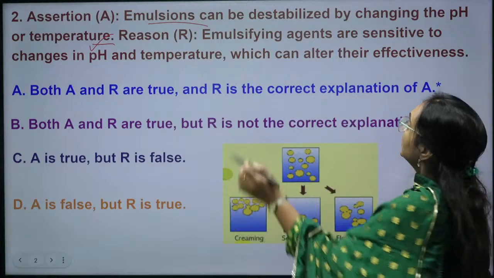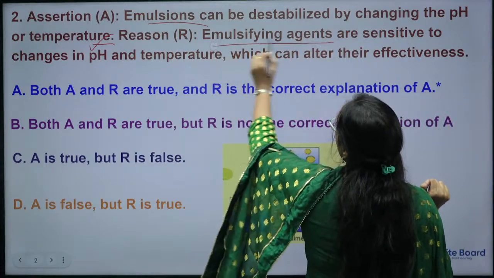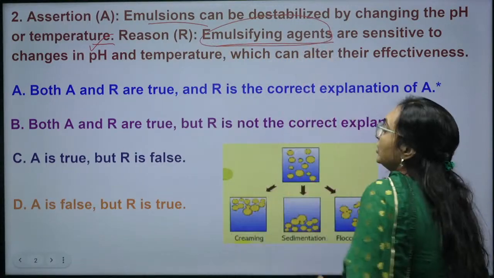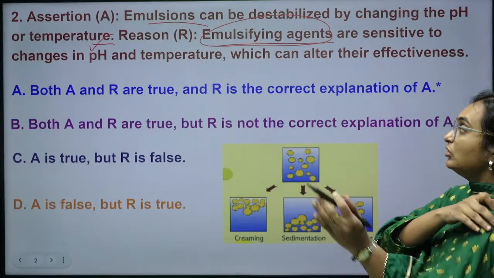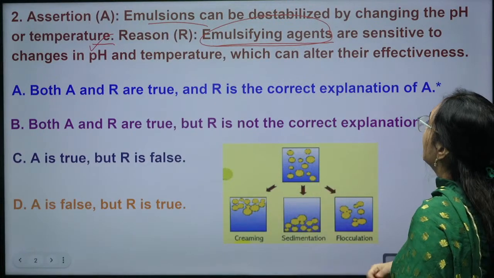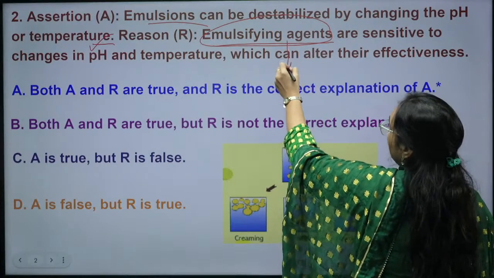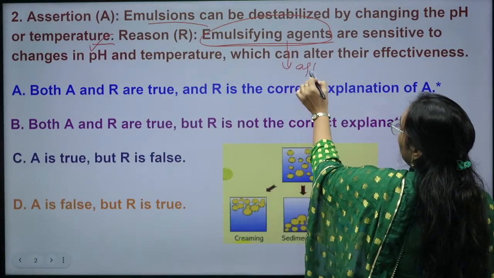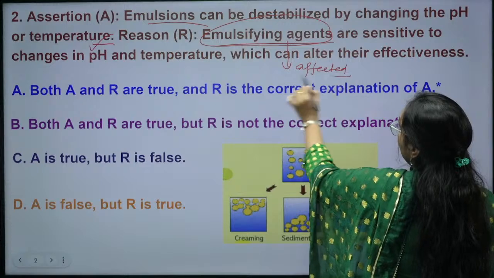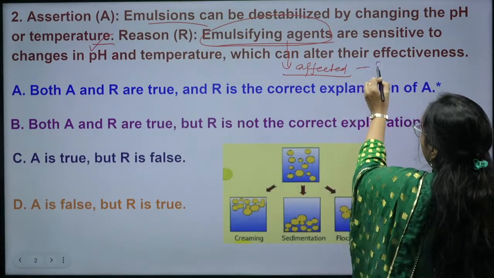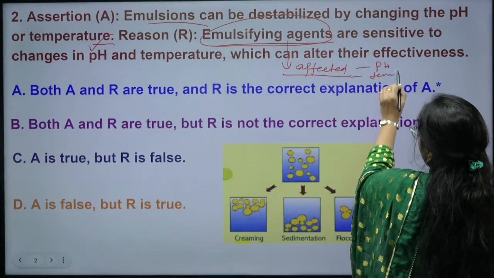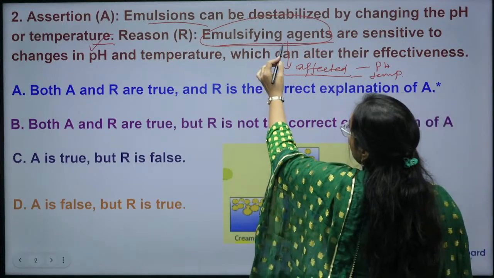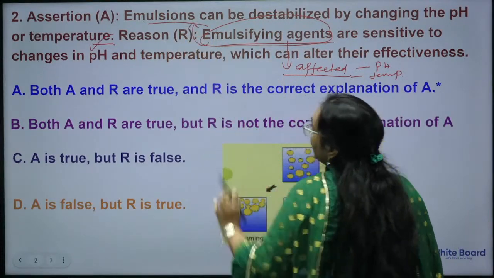Why? Because emulsifying agents are used for the stabilization of the emulsion. When the emulsifying agent is affected by pH or temperature changes, its ability to stabilize the emulsion is affected.